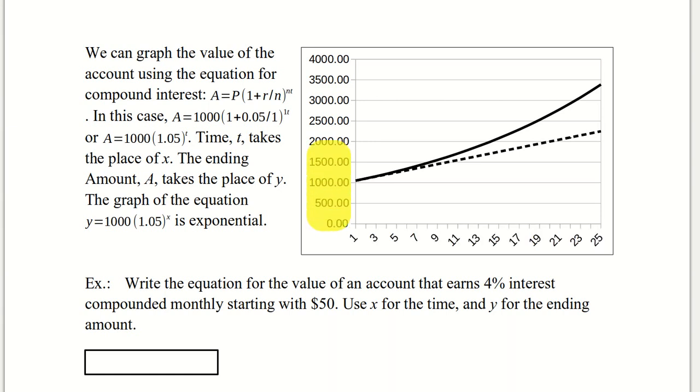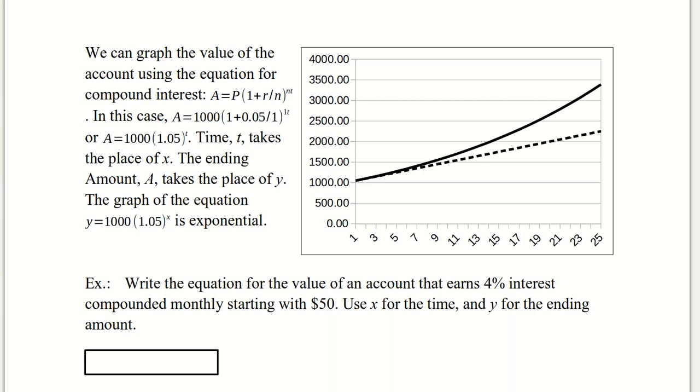Both of them are increasing in value as time passes. So the dashed line is the constant growth. That's increasing by $50 each year. The curved line is exponential growth. It's increasing by 5% each year.